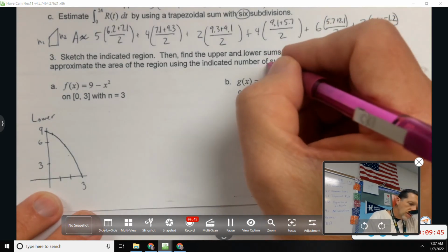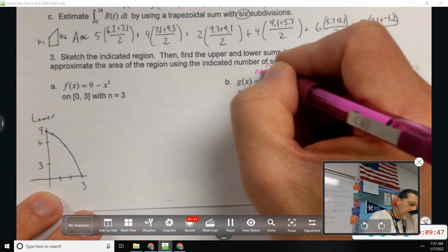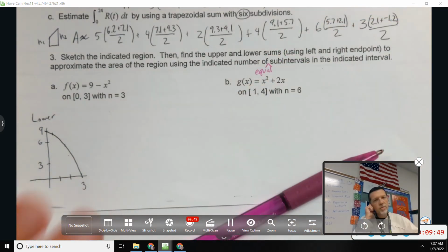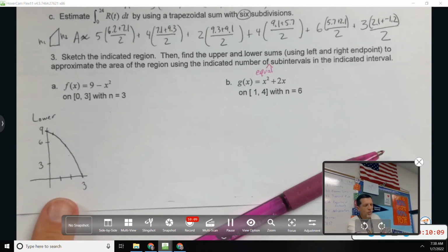One thing I don't like about a lot of calculus books, and this worksheet included, especially given number 2 where the rectangles were crappy, in your words. We generally assume that we like equal intervals, but a lot of times the book doesn't say that. So if you wanted to be crazy, you could set this up with 3 unequal intervals.